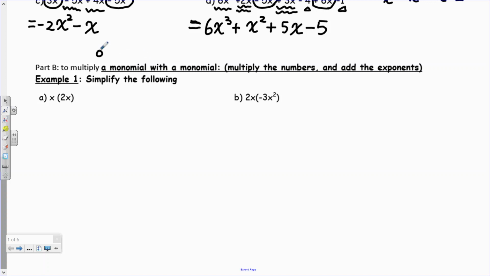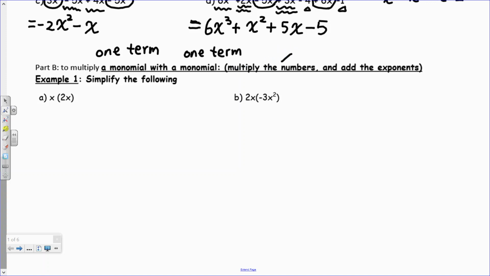Monomial means one term, which means no adding or subtracting sign between the terms. So one term times one term. Although it is only one operation, multiplication, when you are doing it with variables you are going to do two operations.